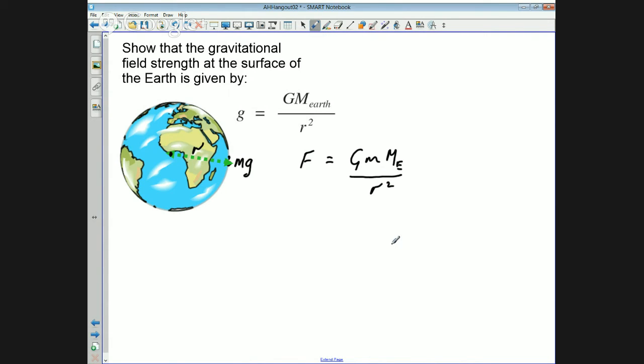Now both must be equal. So the gravitational force at the surface, which we know is mg, must be equal to G small m big M E divided by r squared. And nothing could be easier, because the two m's cancel out and you're left with the gravity g can be found to be the universal gravitational constant times the mass of the Earth divided by r squared.